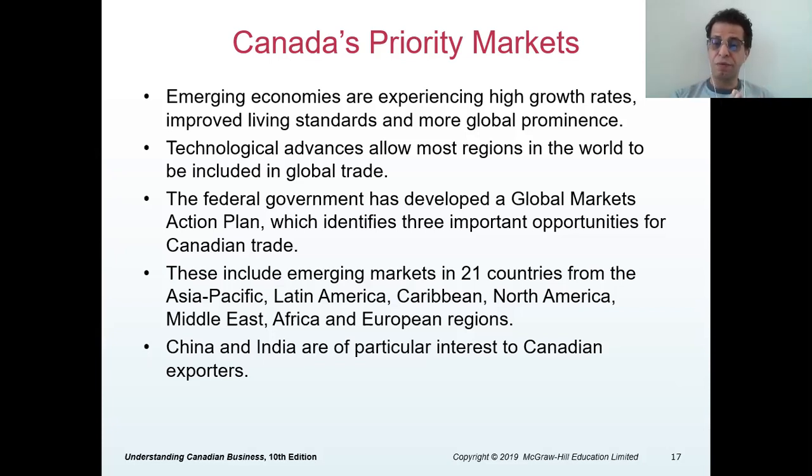The federal government, on the other hand, has developed a global market action plan, which identifies the important regions for Canadian trade.